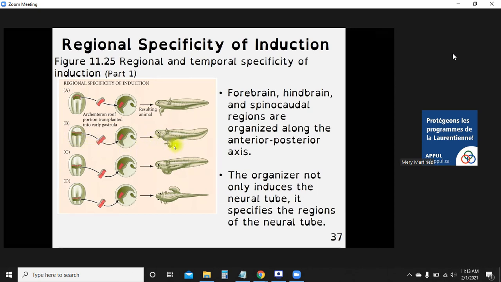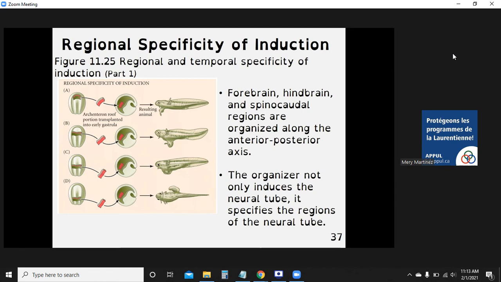So here we see a second head forming. In C, the third section induces the hindbrain, because that's the portion that it should be normally. And in D, the most posterior section induces a second trunk, and a little bit of a tail in that section.